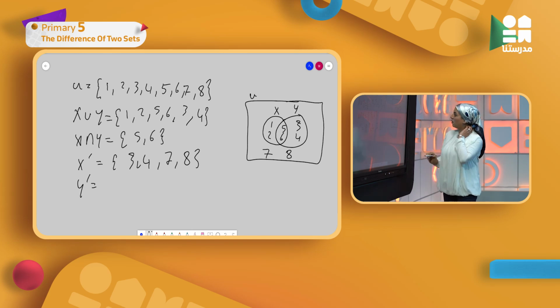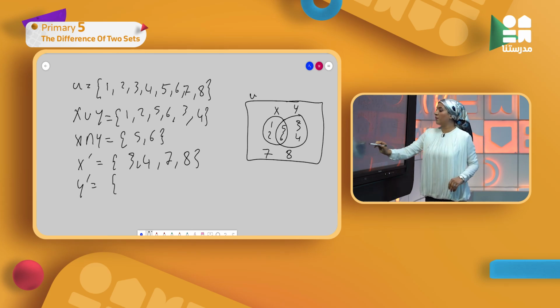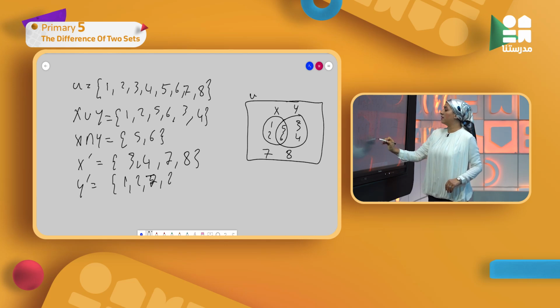Y complement يبقى مش عايزة أي elements موجودة في الواي يبقى هاخد كل الاليمنتس اللي بره اللي هي 1, 2, 5, sorry, 7 and 8.